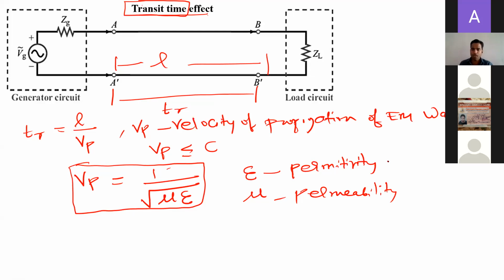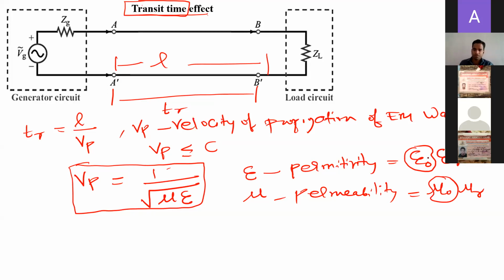And also, as sir was explaining, epsilon is epsilon naught into epsilon r, and mu is mu naught into mu r, right? So what is epsilon naught? And just now sir explained relative permeability. Vanshaj, permeability of free space. How much is that?